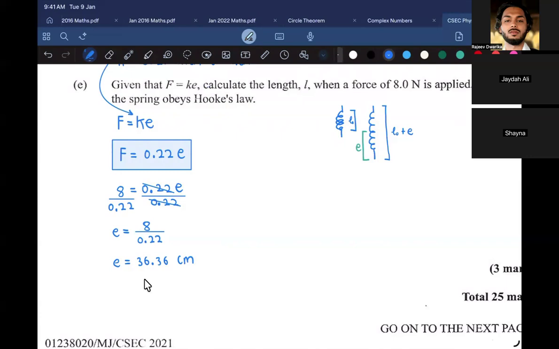So to answer the final question, to find the length, you would need to add this extension to what, Shina? To the original length. Correct. So L would be equal to the original length plus the extension.